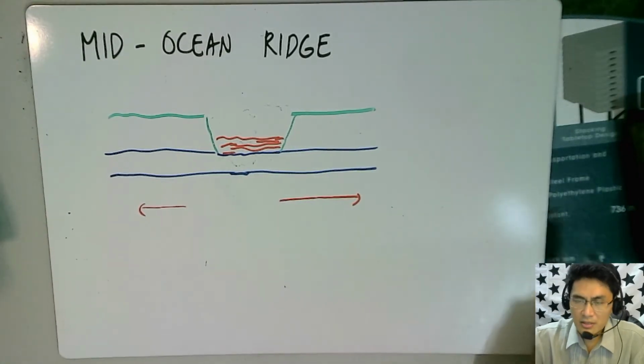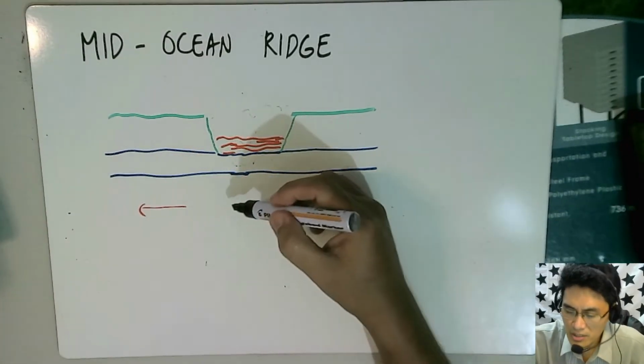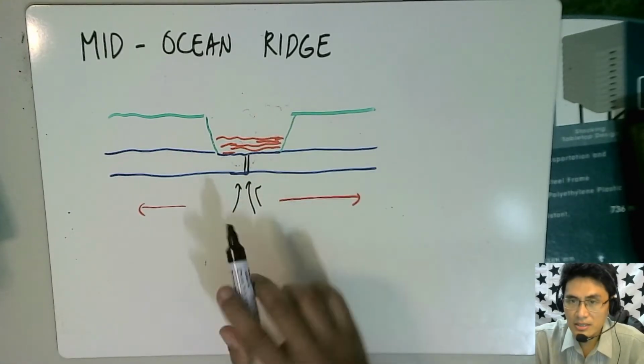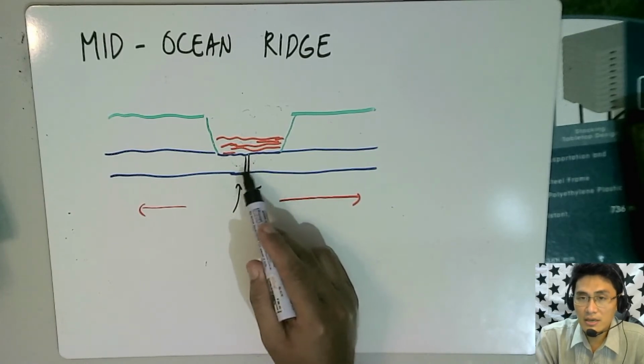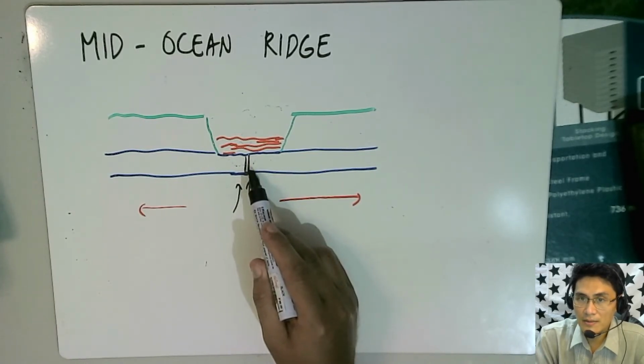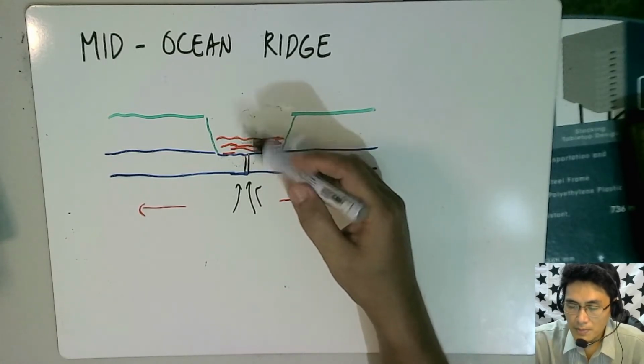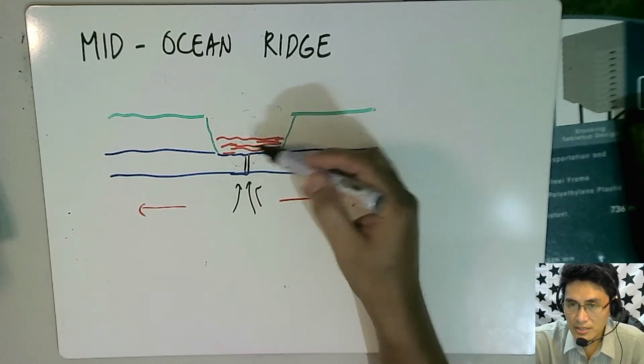Again, the whole process still continues, meaning magma still upwells here. There's still a crack, but this time the crack is in the basaltic layer already, right? And by that time, we call this a mid-ocean ridge because it's now under the sea, right?